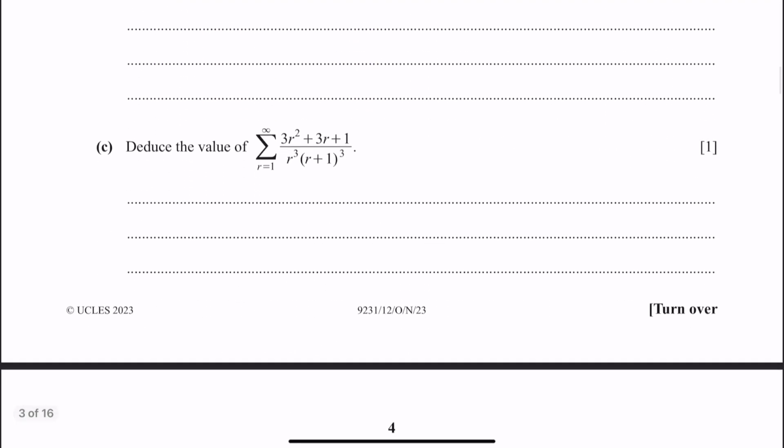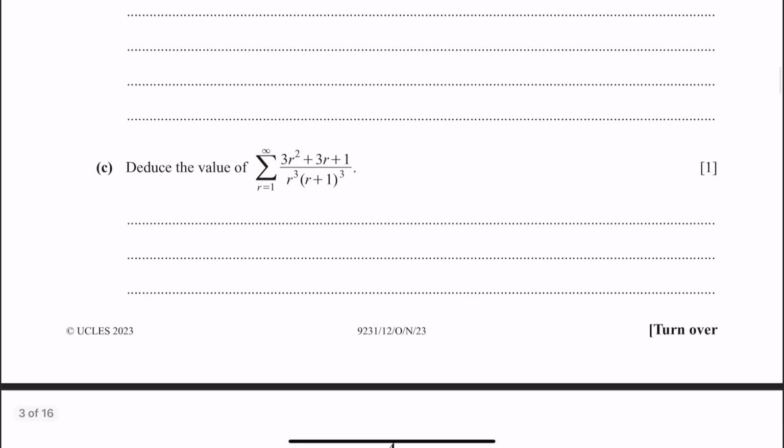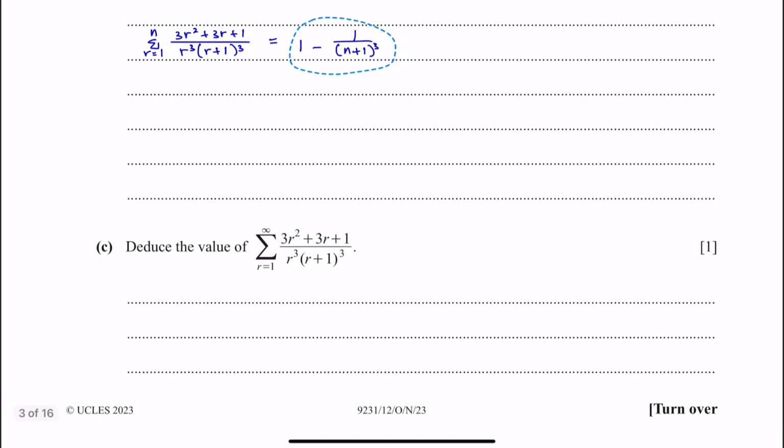So for part C, we need to deduce the value of the summation when n is replaced by infinity. So basically, we just take this and we change the n to infinity.